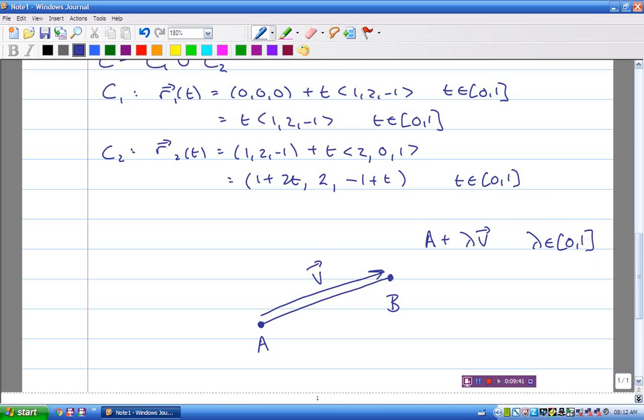Because 0 means I haven't gone anywhere, I'm still at A. And 1 means that I've gone 1 unit's worth of that arrow, which means I've gone all the way to B. Because that arrow is defined pretty much as the distance, but with directionality built in, between A and B. If I got that arrow by saying B minus A, it means the arrow is as long as the distance between A and B, and therefore one jump's worth of that arrow will take me all the way to B.